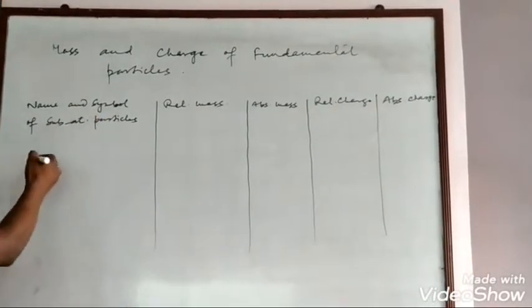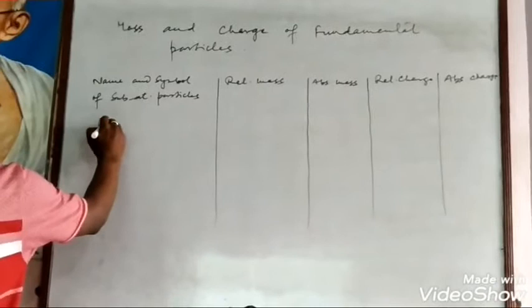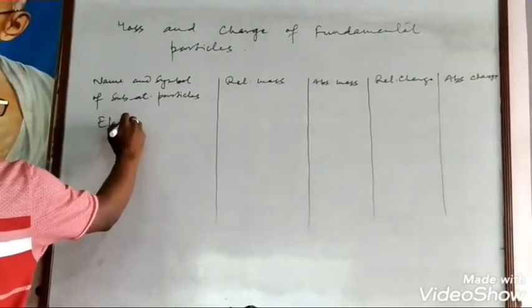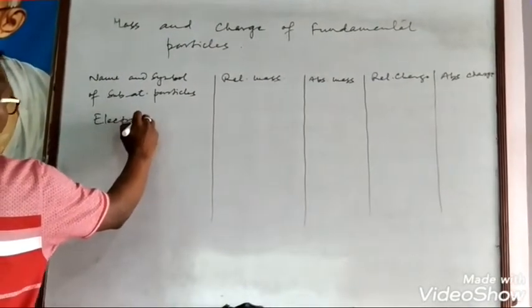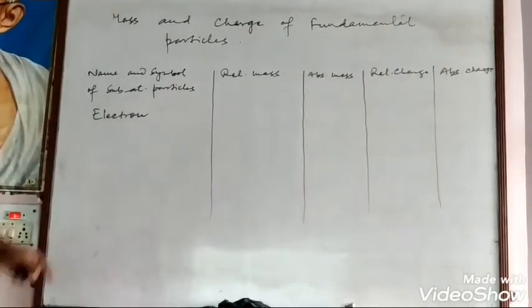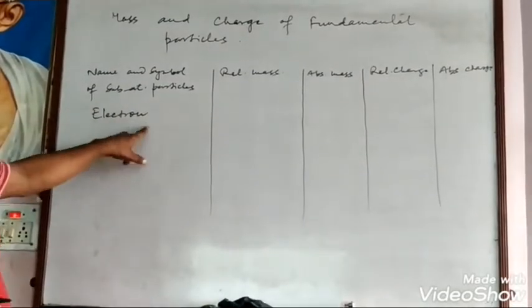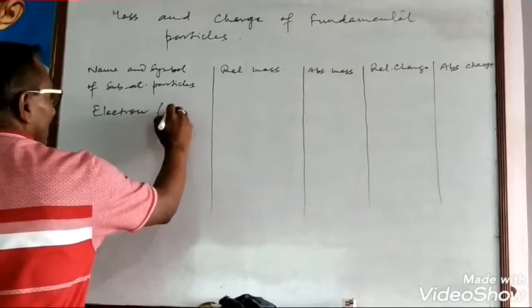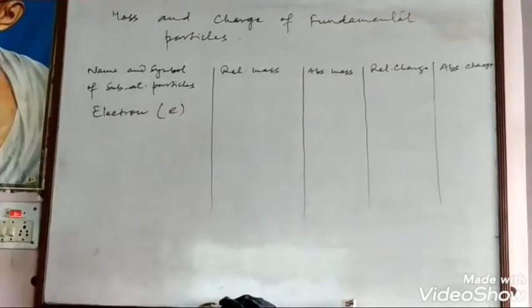So in the first column we have to take the name of first fundamental particle or subatomic particle, that is electron. It is symbolized as e.